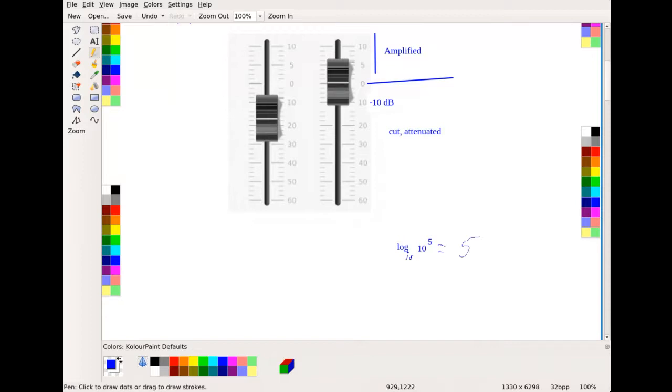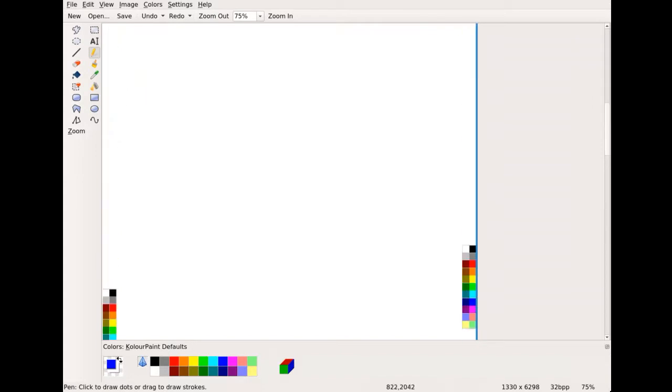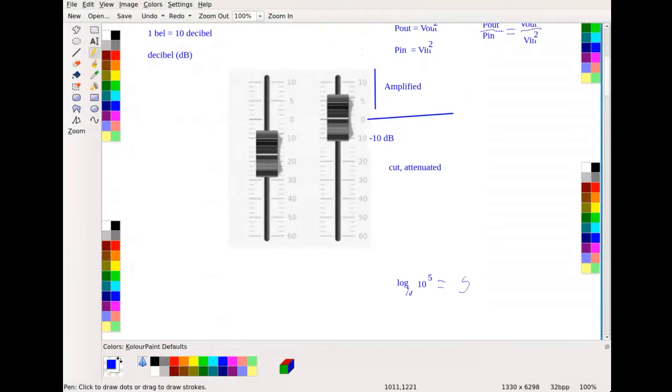So what the log is doing is grabbing the exponent.